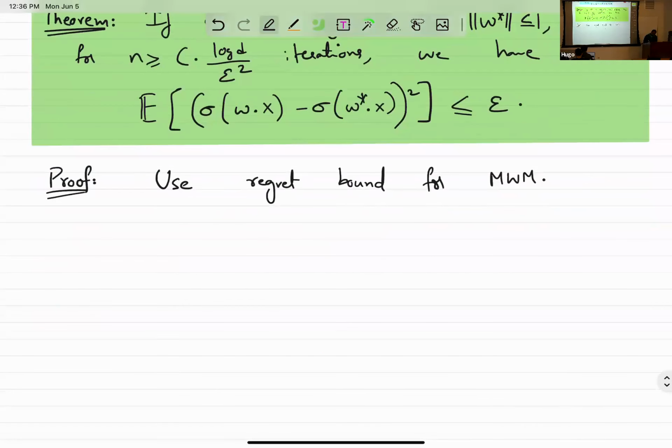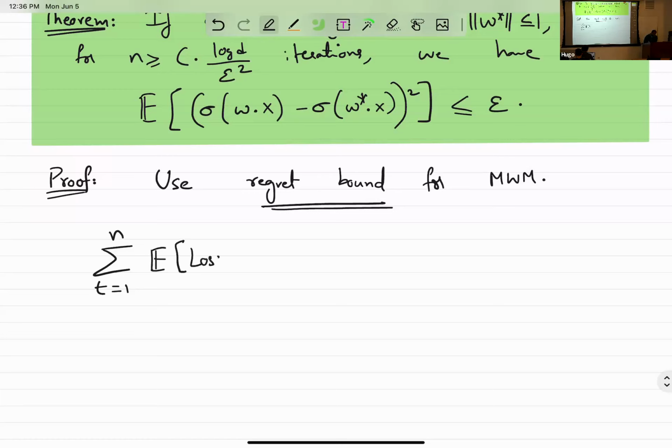And what is the regret bound? Remember, the regret bound said, no matter what your loss functions are, the expected loss of a multiplicative weights method over any number of iterations, any number of days, is close to the loss of the best expert.